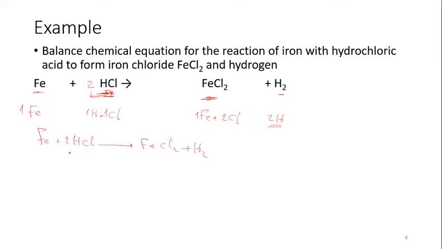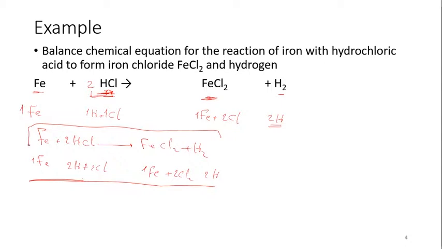Now if I count the number of atoms, I have 1 iron atom, 2 hydrogen atoms, plus 2 chlorine atoms. Here I have 1 iron atom, 2 chlorine atoms, and 2 hydrogen atoms. So I checked my equation, and now it is completely balanced. This is the final form of the balanced chemical equation.